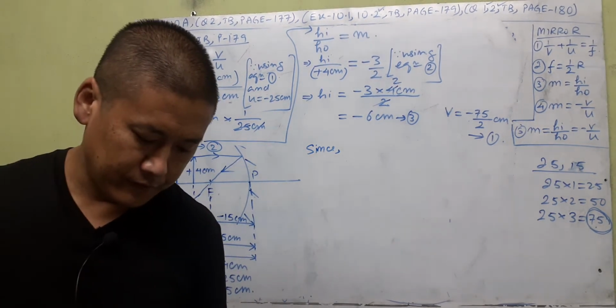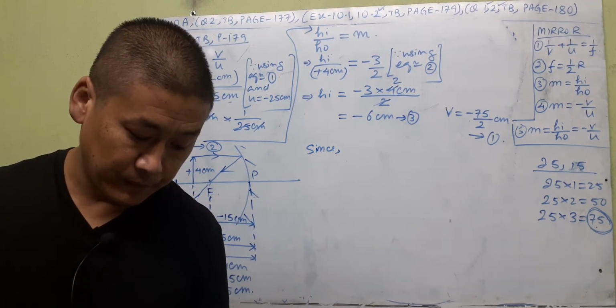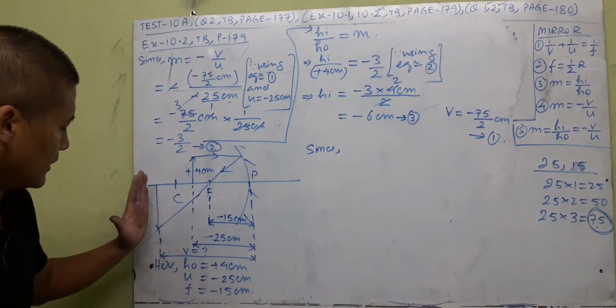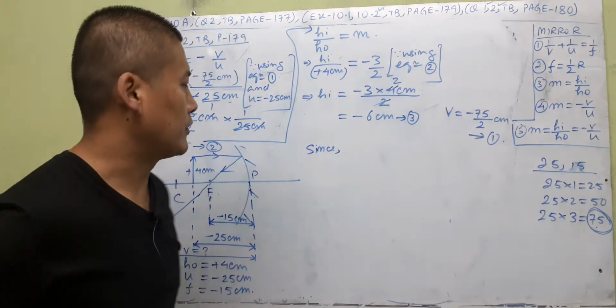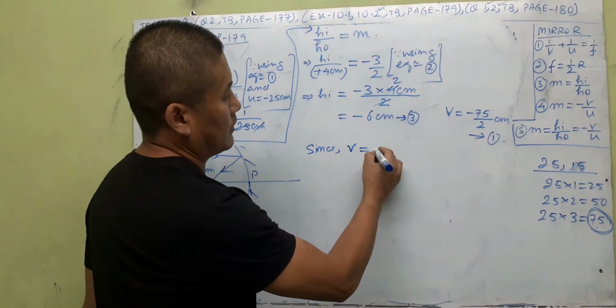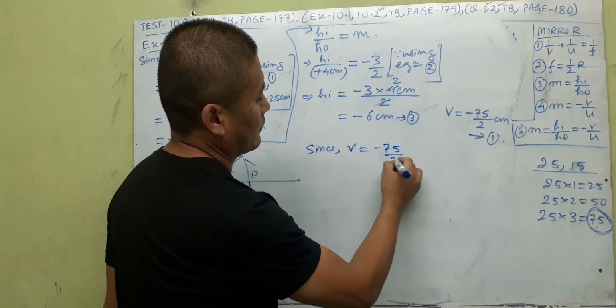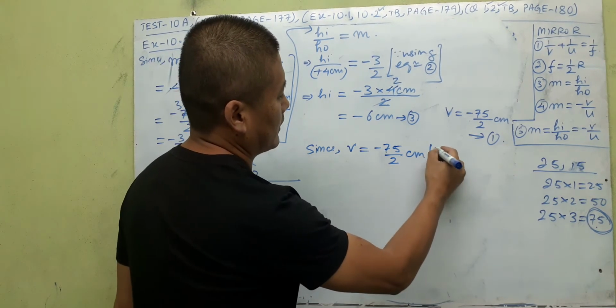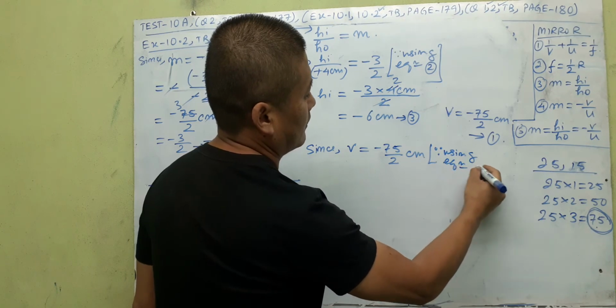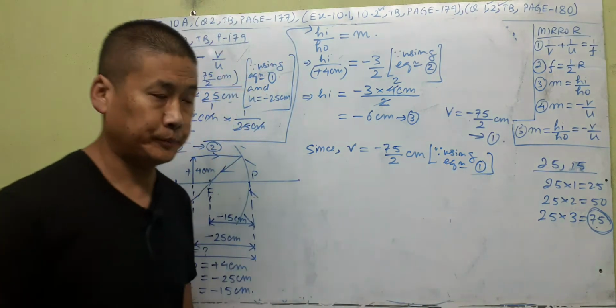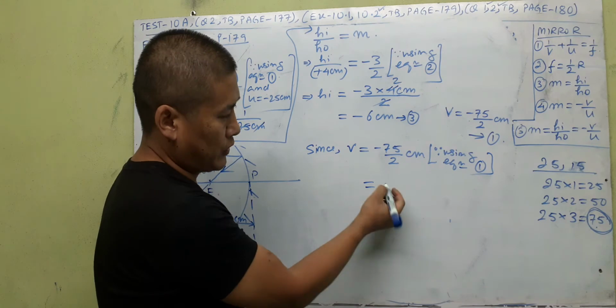At what distance from the mirror should a screen be placed? The distance of the screen should be the distance V, which we got here, minus 75 by 2. Since V equals minus 75 by 2, where did you get this? Using equation number 1.